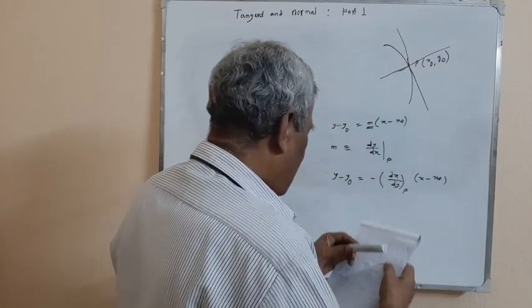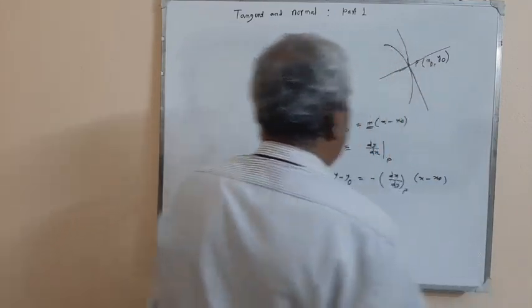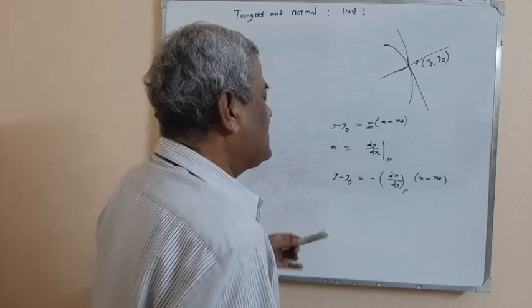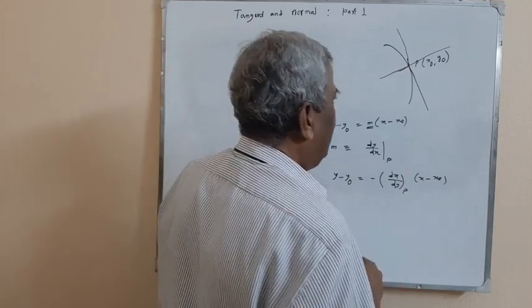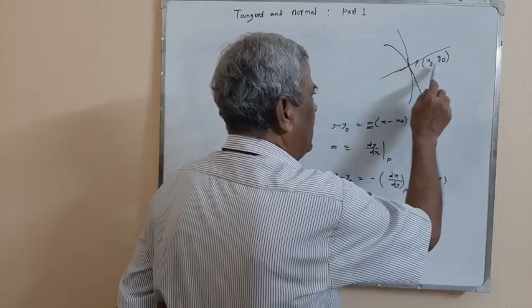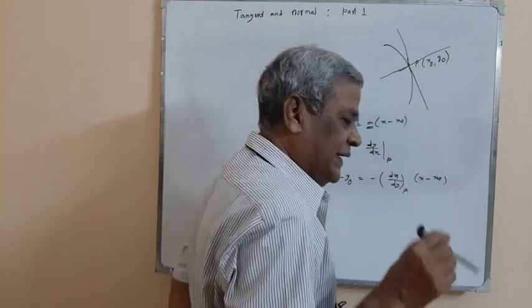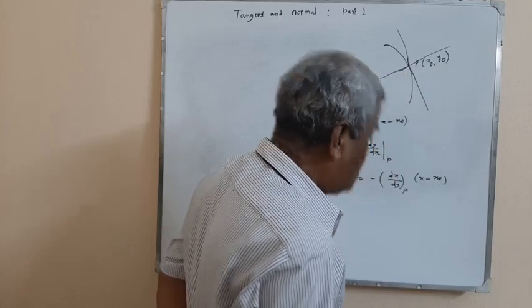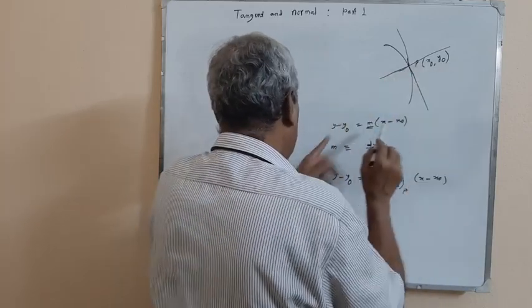So it is clear that for calculating tangent or normal, the point should be known to us, at which point it is tangent, at which point it is normal, x0, y0.